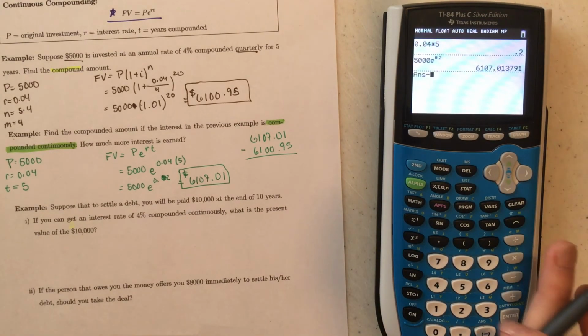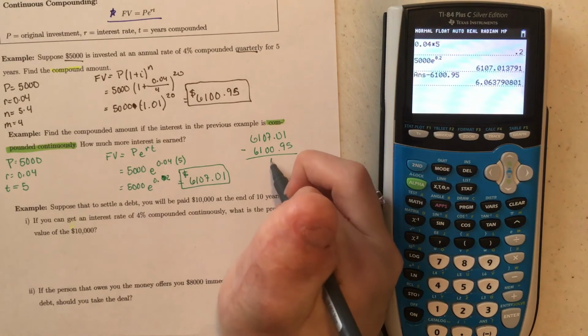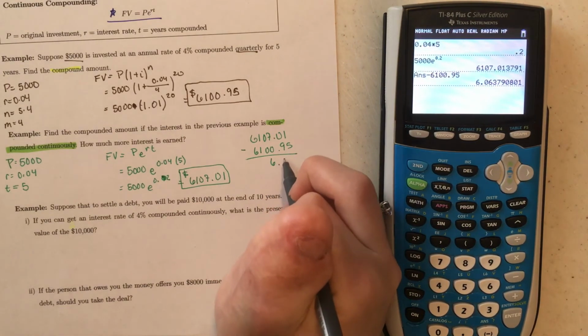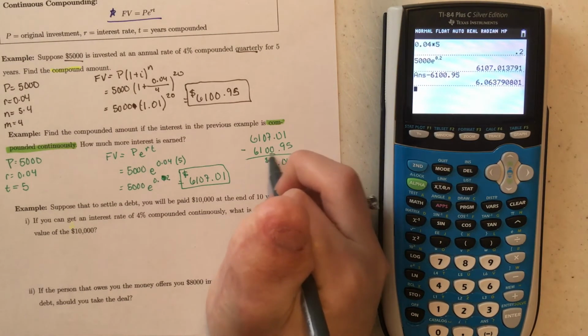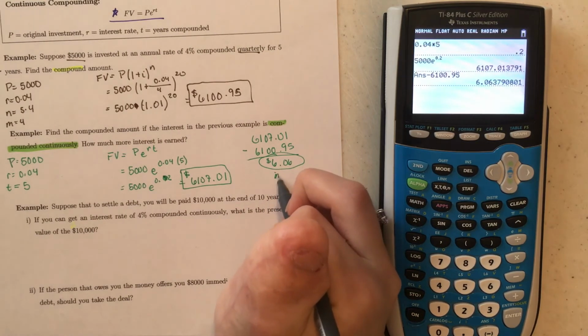So we have our compounded continuously minus our compound. It's equal to $6.06. So this is how much more is earned.